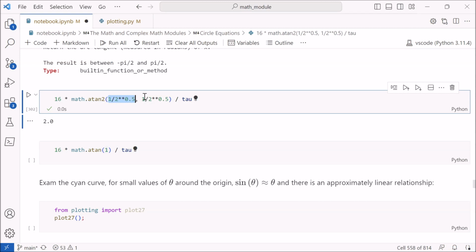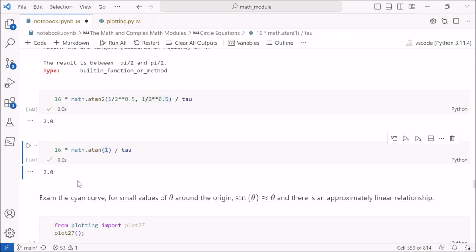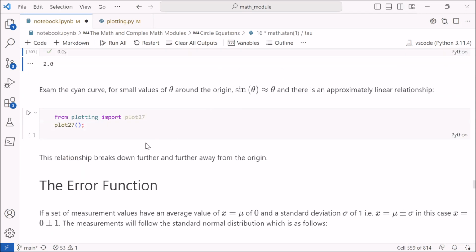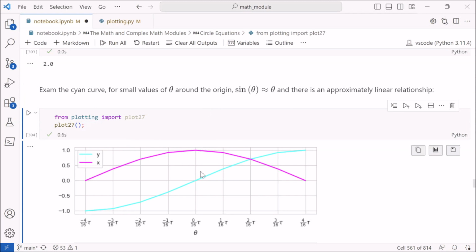If we just take the position where they were both equal, then the ratio between the two sides is 1, and these two give the same result as expected. If we examine this, we notice that this is 0, and this is essentially a straight line close to angles of 0.